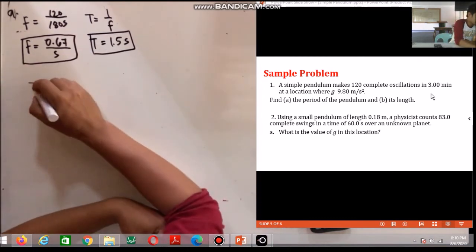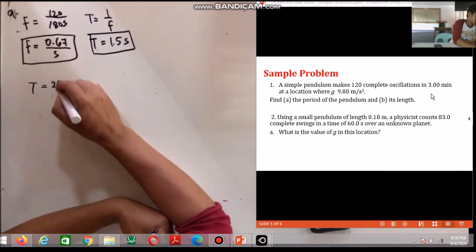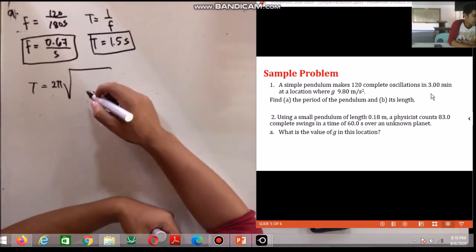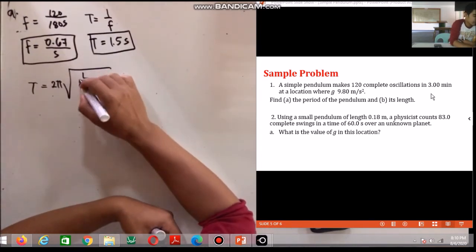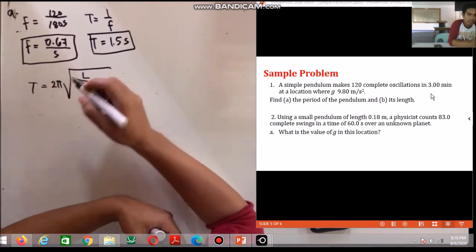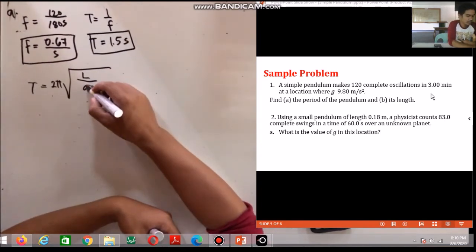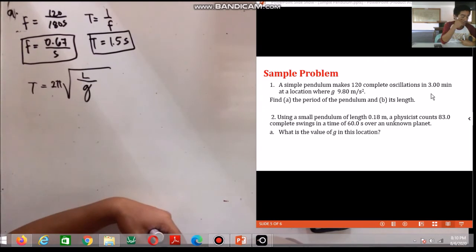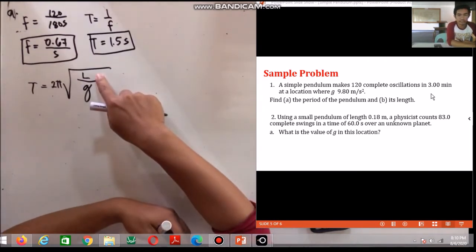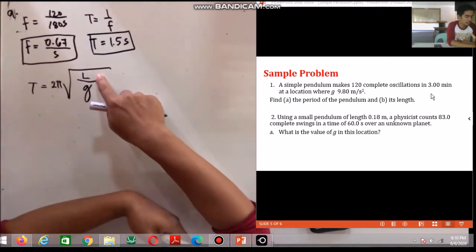From the equation, T equals 2 pi, where T is the period of the simple pendulum, times the square root of the length of the simple pendulum over the acceleration due to gravity. So we look for the equation of the length of the pendulum.